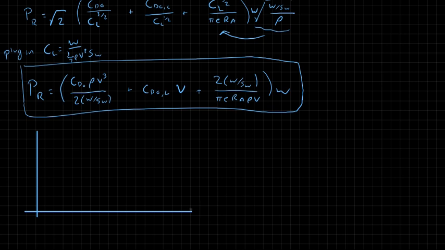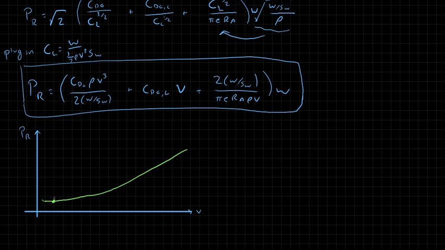So if we take the power required as a function of velocity, it's going to look something like this. Something like that. Okay, there's a minimum here at a pretty low velocity. And I think typically it's below the velocity at which thrust required is minimum.